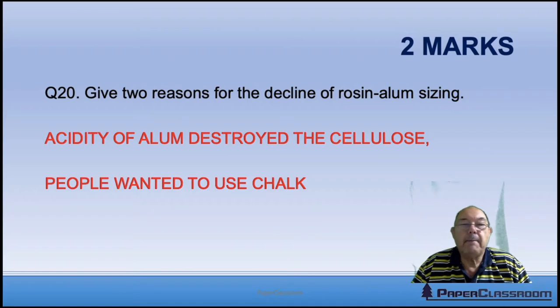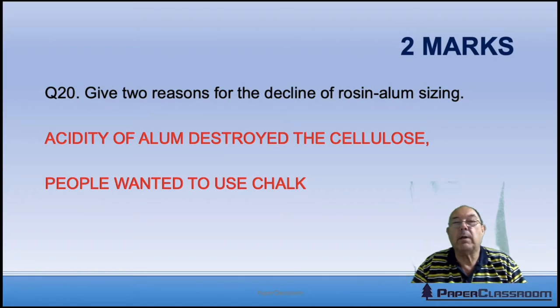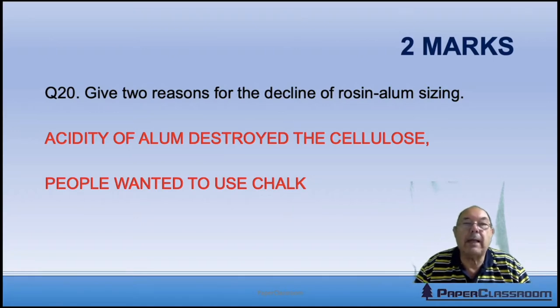And finally, because it was acid, they could only use things like TiO2 and clay as a filler. They couldn't use chalk, or the chalk would have reacted with the alum. So they wanted to get rid of the alum so that they could use chalk, and they wanted to use chalk because chalk was brighter and cheaper than what they were using at the time, clay.